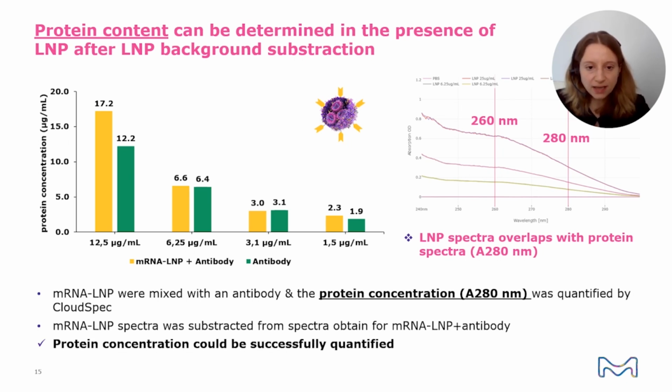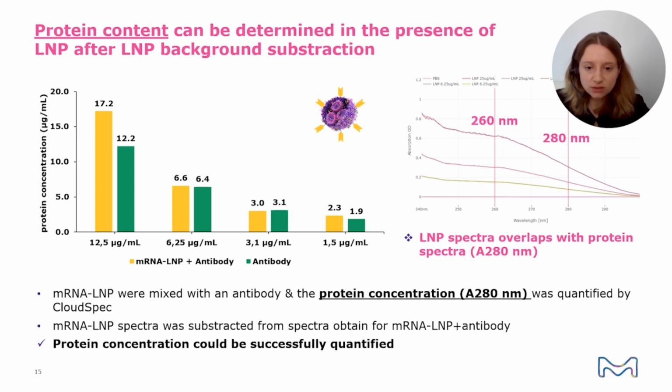When you compare now the absolute values, the graph shown above, the values for the protein in the presence of the LNP shown in yellow, and the pure protein concentration in the absence of the LNP shown in green, you see that there's also a very minor deviation, especially in the lower concentration range between 3 to 6 microgram per milliliter.